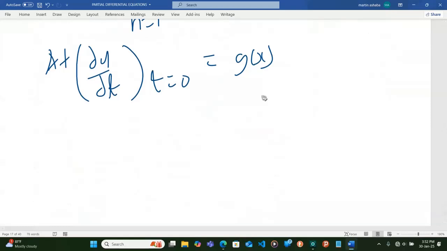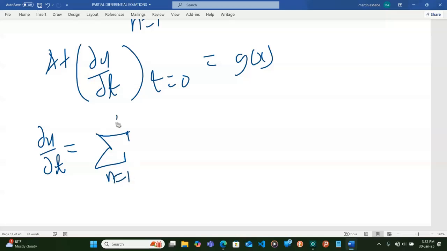So del u del t is going to equal the sum from n is equal to 1 up to infinity of what? Remember, this sine n pi x out of L is a constant now if we are differentiating with respect to t for partial derivatives.